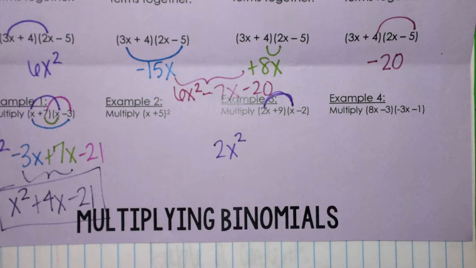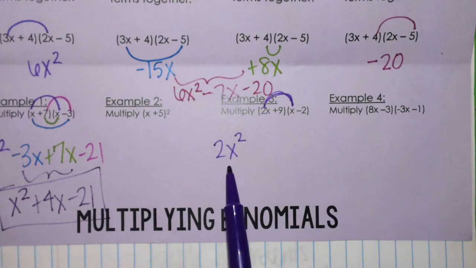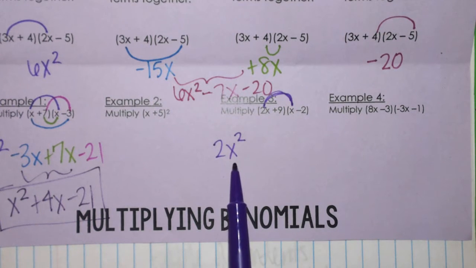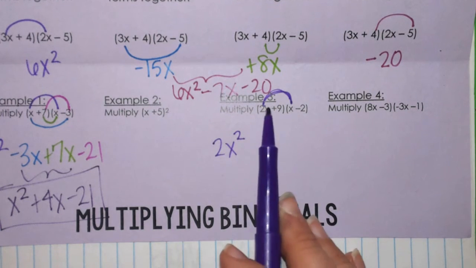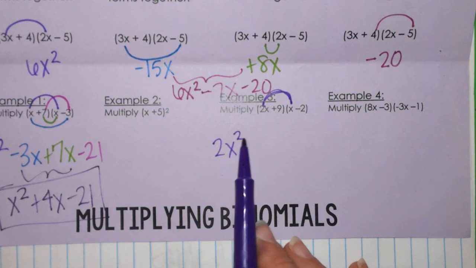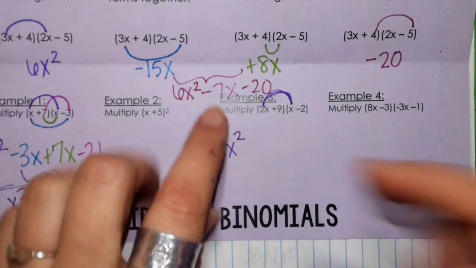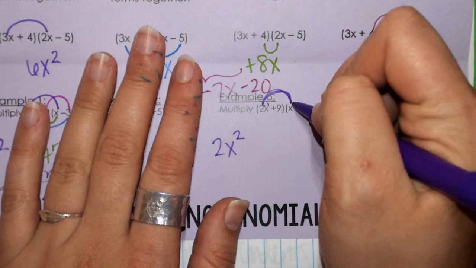Now let's make sure we all see where we got that 2x squared from. Everybody look at the board and tell me that you see it. Because 1 plus 1 is 2. So when we multiply like bases, we add the exponents. Why did you put a square? Because this has a 1 right here, and this has a 1 right here.